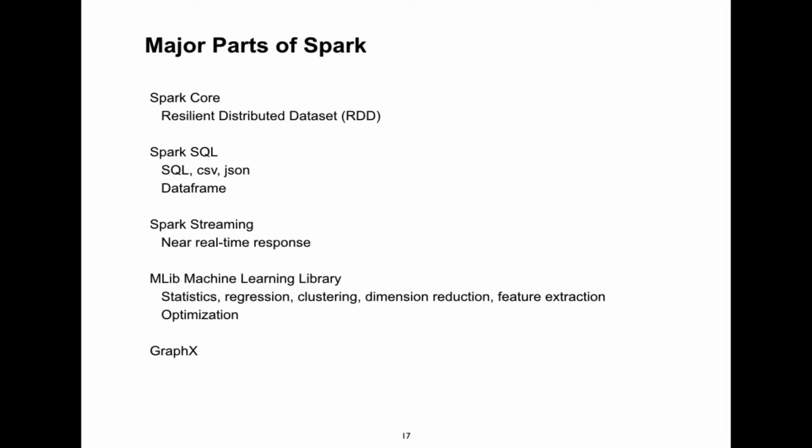There's some various large pieces, the Spark core, and the Spark core has this resilient distributed data set. That was basically the initial Spark, and development on that has stopped. They won't say it's deprecated, they just say that it's mature.